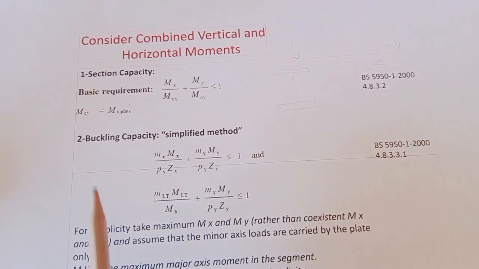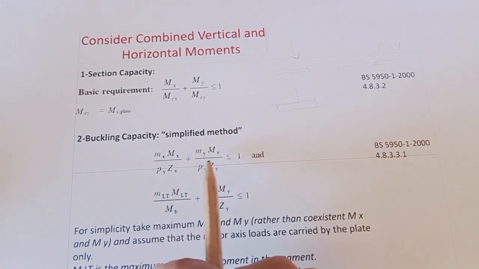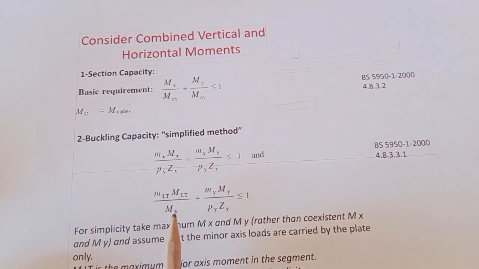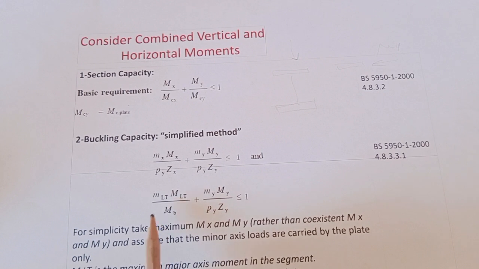And for buckling capacity with the simplified method, we use this equation: MX/MB, MY/PY ZY. And this is what we talked about in the previous slide for MLT, capital MT on MB, MY, PY, ZY.